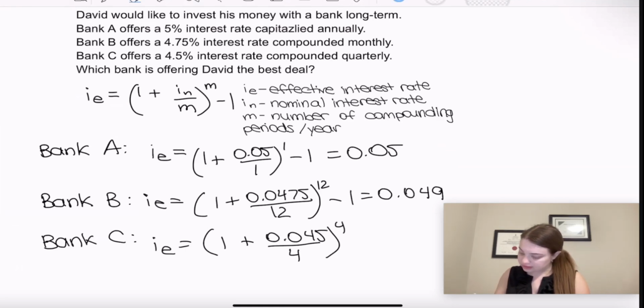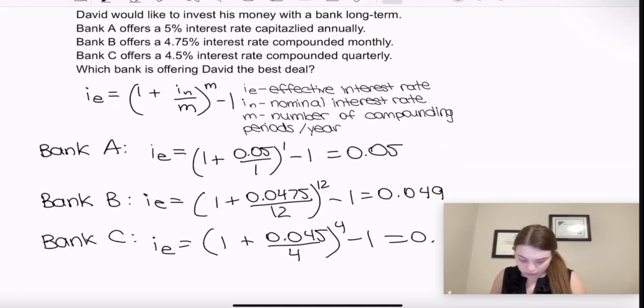Oh, I forgot the -1 on the end. So here we'll do 0.045 divided by 4, plus 1, to the power of 4, -1. And here we get 0.0457. So about 4.6% approximately.